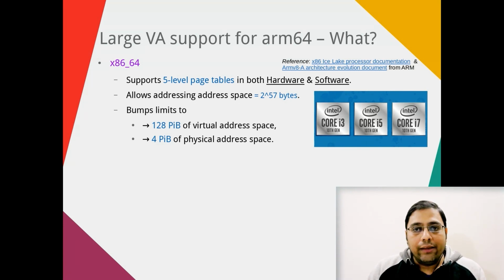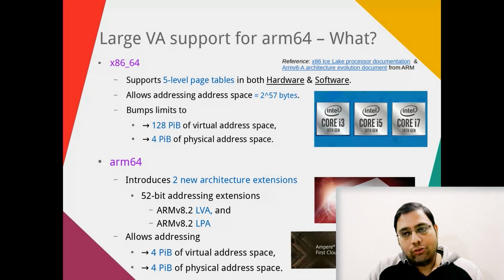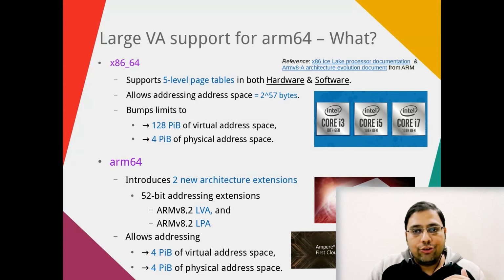On similar lines, ARM64 recently introduced two new architecture extensions, which are called the 52-bit addressing extensions. These are ARMv8.2 LVA and ARMv8.2 LPA. ARMv8.2 basically specifies the ARMv8 application profile architecture, version 8.2, which has two extensions, the Large Virtual Addressing and Large Physical Addressing extensions.